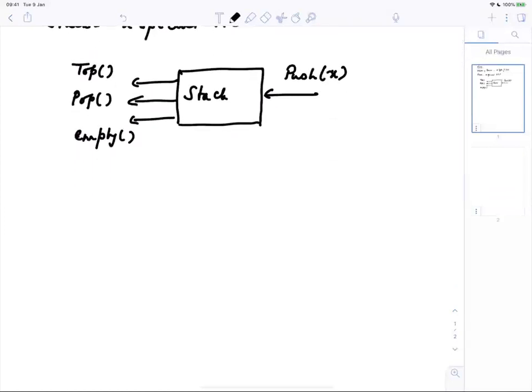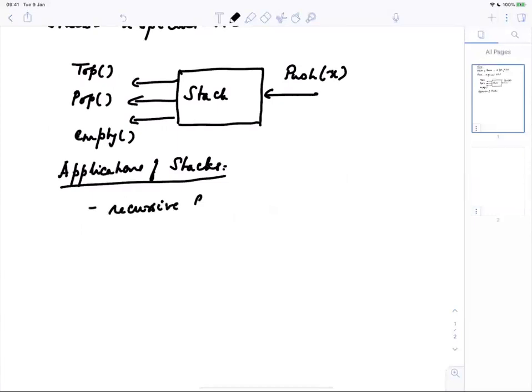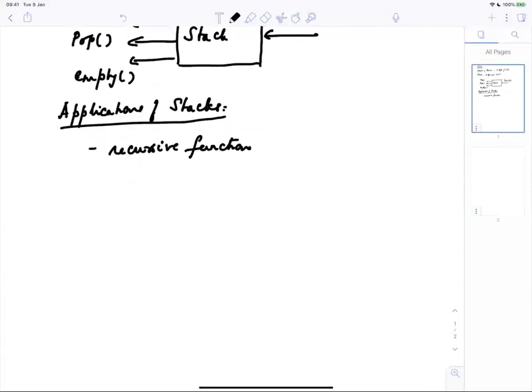Okay. There are many applications of stacks, and we will see where this is used. We already talked about recursive functions. You remember when we did the recursive function on some various recurrence problems that we looked at.